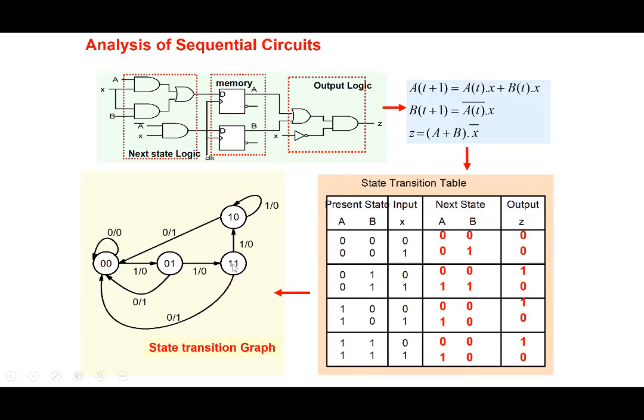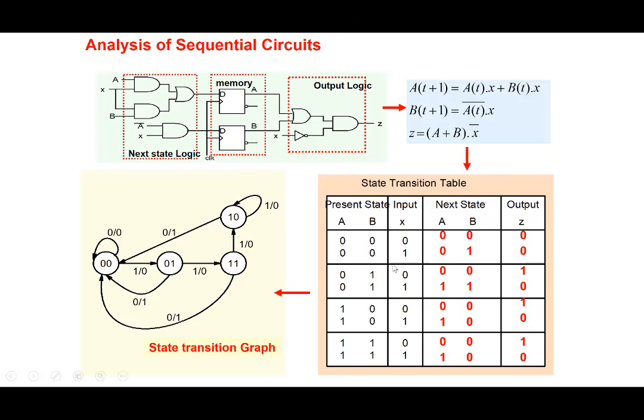So for example, if you are in the 1, 1 state and you receive a 1, you go to the 1, 0 state and the output is 0. On the other hand, if you're in the 1, 1 state and you receive a 0, you go back to the 0, 0 state, and the output is 1.